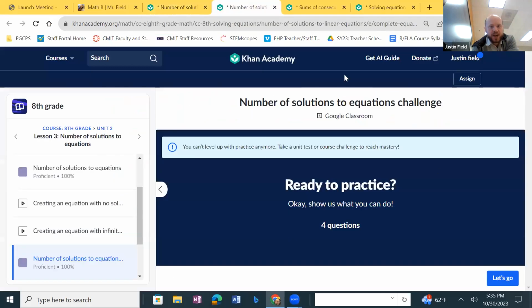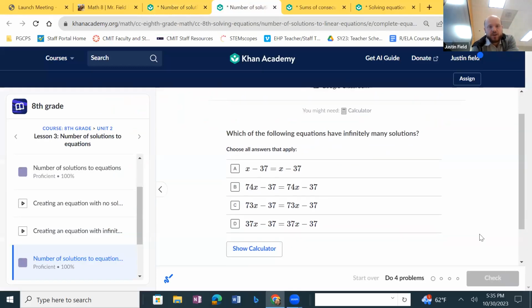So I'm going to do the challenge, and it'll be easy because if you try to solve all of these, then it's going to take a long time. So let's look at it. You see the variables are the same, and we also see the constants are the same. So that means infinite solutions. So A has infinite solutions. In B, the variables are the same, and the constants are the same.